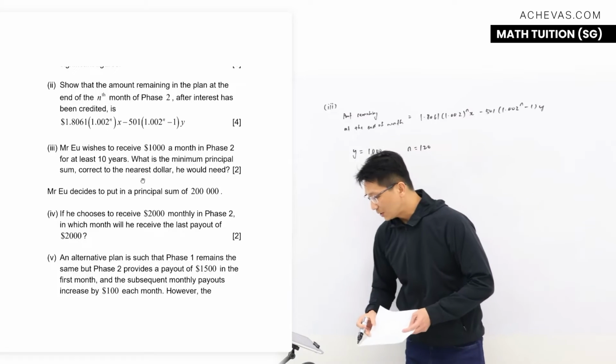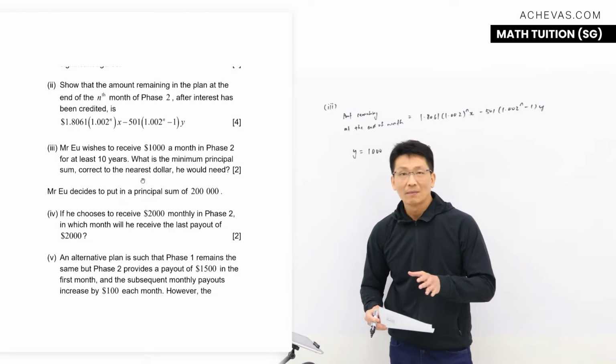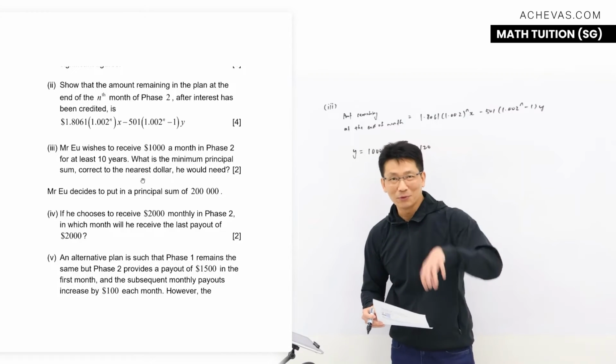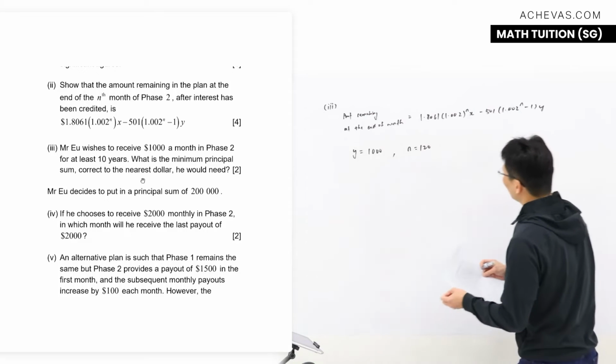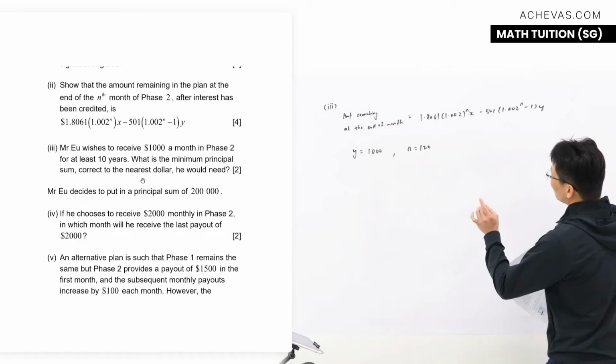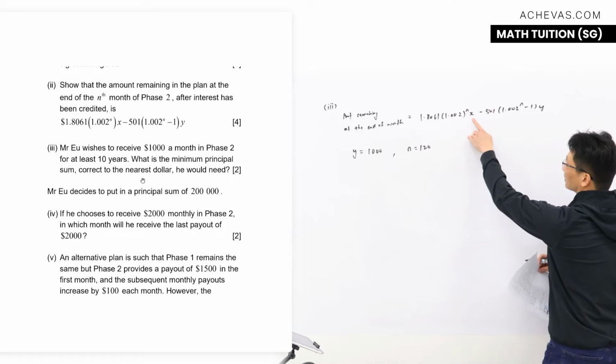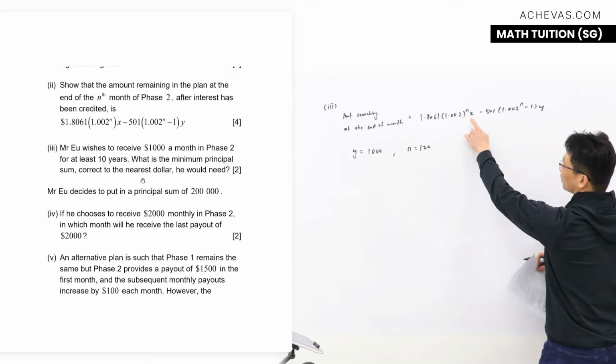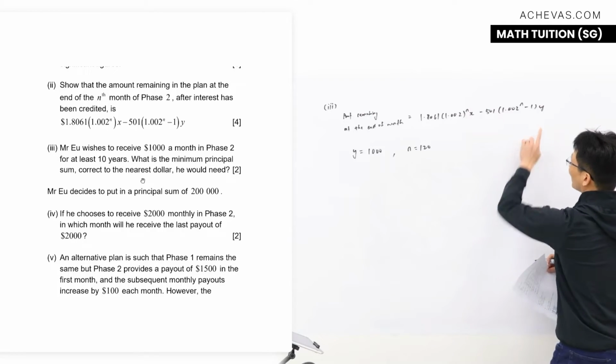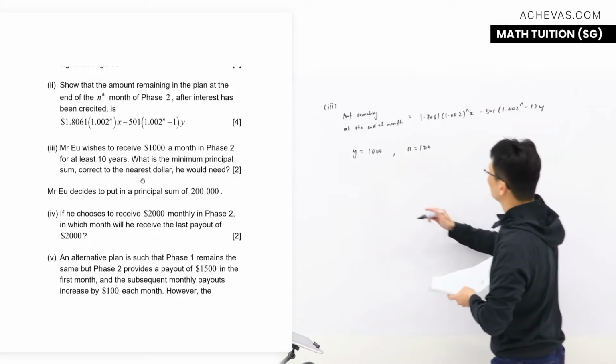What is the minimum principal sum he will need? That means the initial lump sum that he puts in right at the start of the plan. What we require is to solve for this x. Since we have the values of n and y, we should have no issue solving for x.